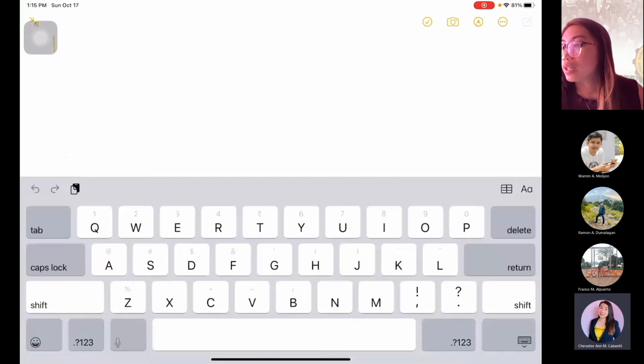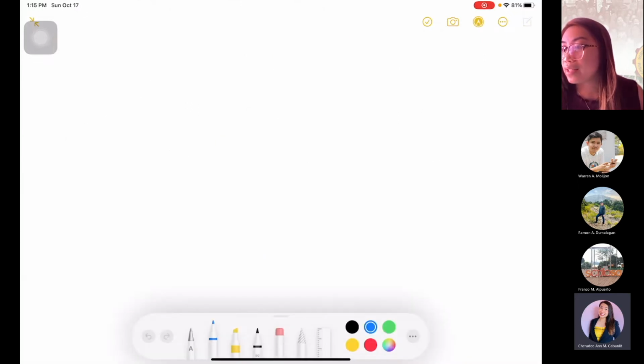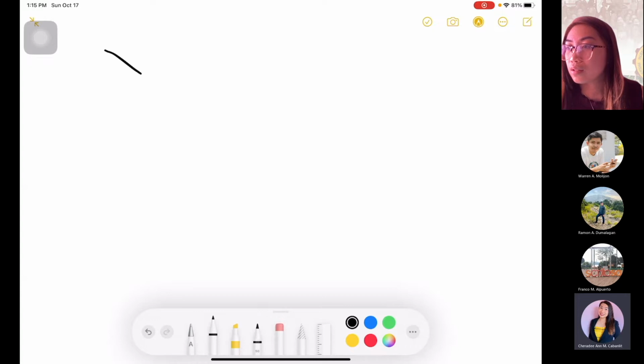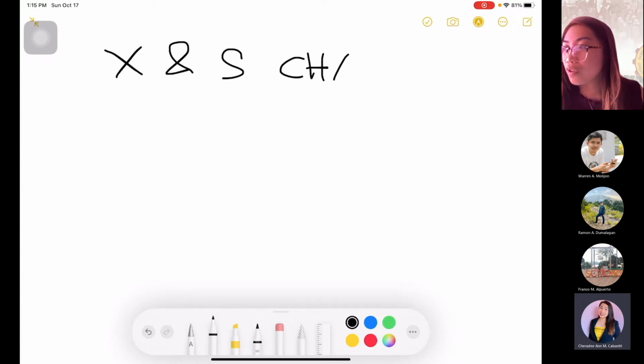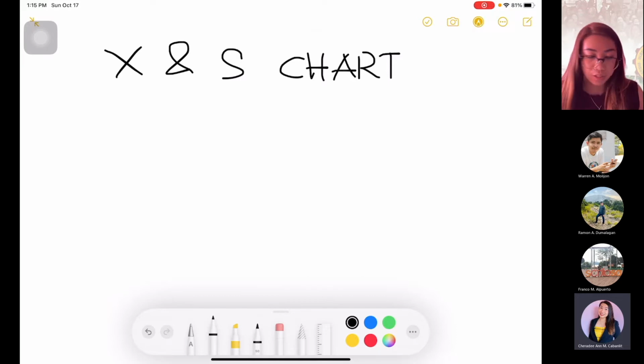Okay, let's go to the X and S. For the X and S chart, this will be now for observations more than 12. So the formula for that is, I think it's A3. Let me just double check before I give an example.